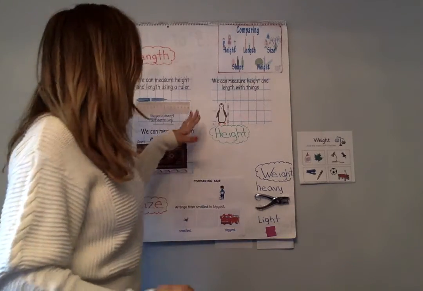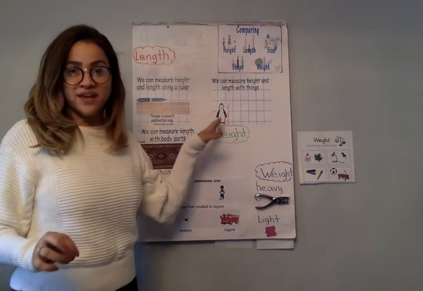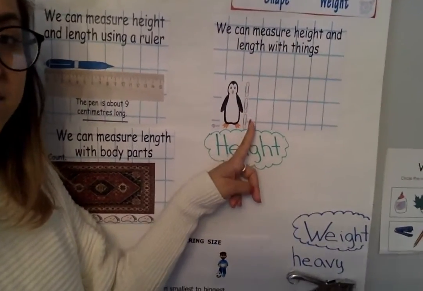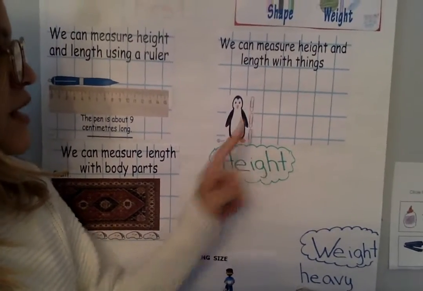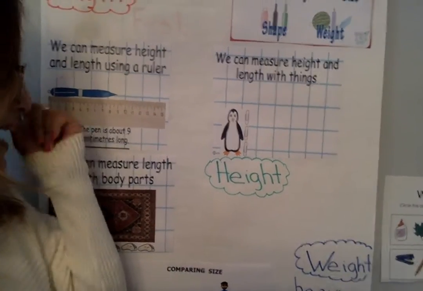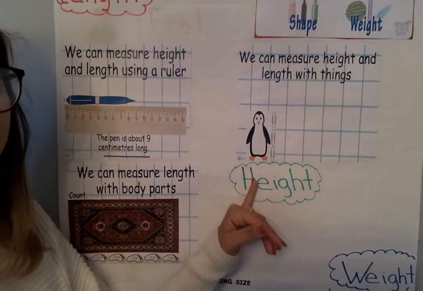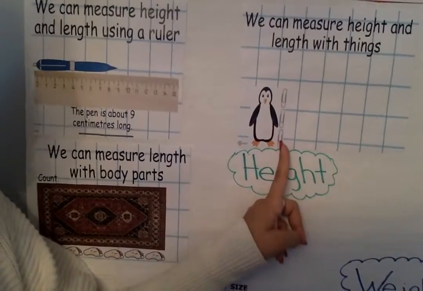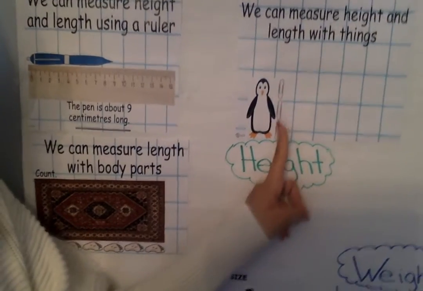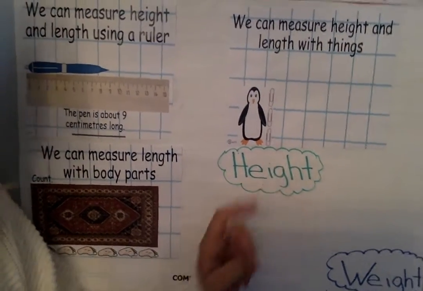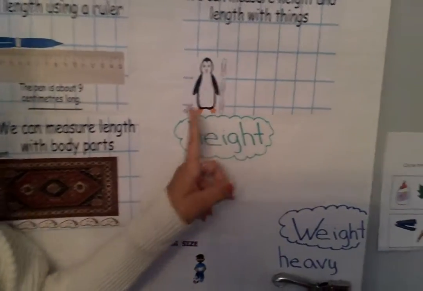Or I can measure the height and length with things. Like my penguin over here, I am using paper clips. Estoy usando unos clips para medir la altura, la longitud de el pingüino. As you can see here, the penguin is about three clips long. El pingüino es más o menos 3 clips de longitud, de altura.